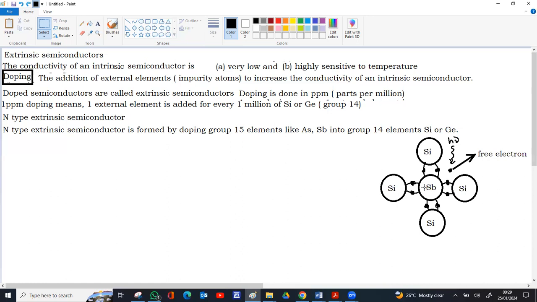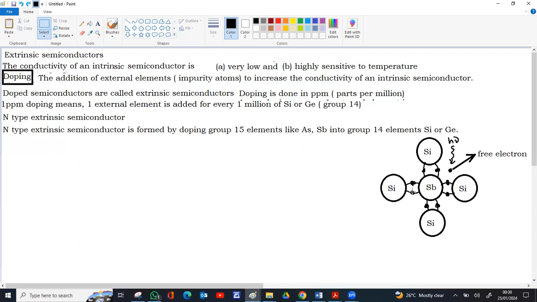So this is the structure of silicon. Silicon forms covalent bonds with all neighboring 4 silicon atoms. This is assumed to be silicon. But when you replace one silicon by an antimony or arsenic, now this atom has 5 valence electrons. 4 are used to form bonds with 4 neighboring silicon atoms, one from silicon, one from arsenic or antimony.